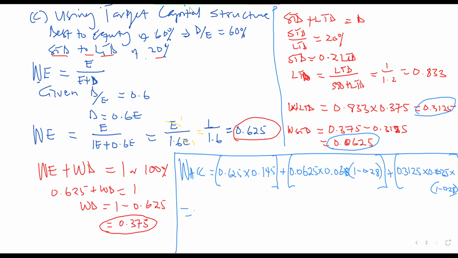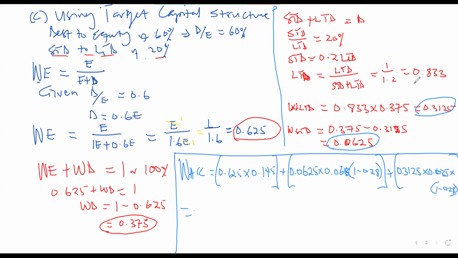Any other question? Yes, my question, Joseph. I was a bit lost somewhere about the weighted long-term debt. Why do you multiply the 0.833 by the 0.375? I wanted to see the notion behind that. So the 0.8333 is the percentage of long-term debt in our total debt.